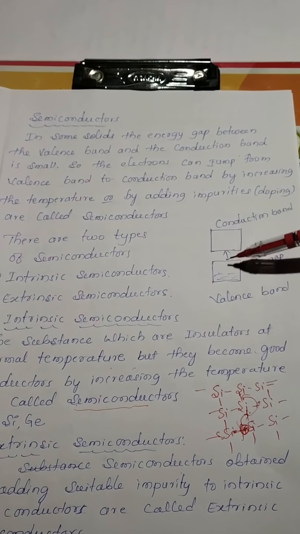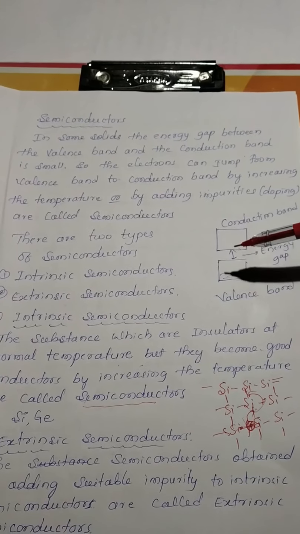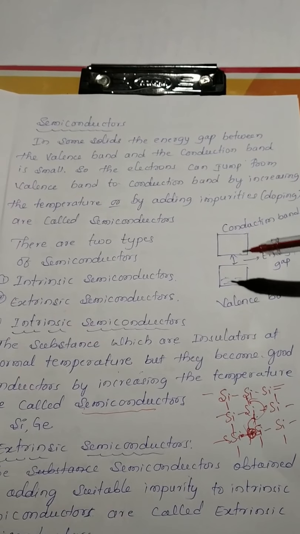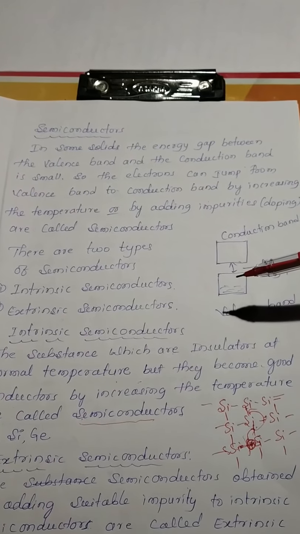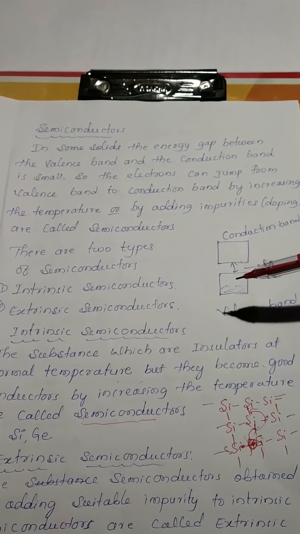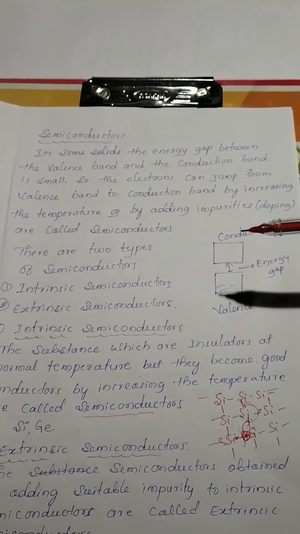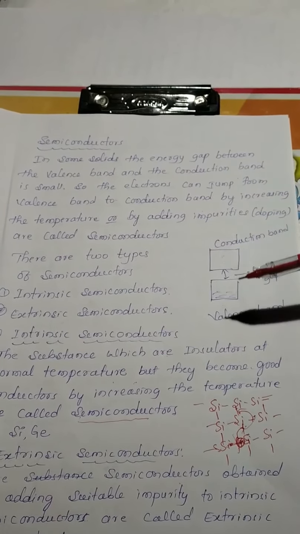Between these two bands the energy gap is small, so without giving temperature, electrons cannot easily jump. If you give temperature to this semiconductor, then electrons can easily jump from this level to this level. Or instead of giving temperature, you can increase the conductivity by adding impurities. These are called semiconductors.